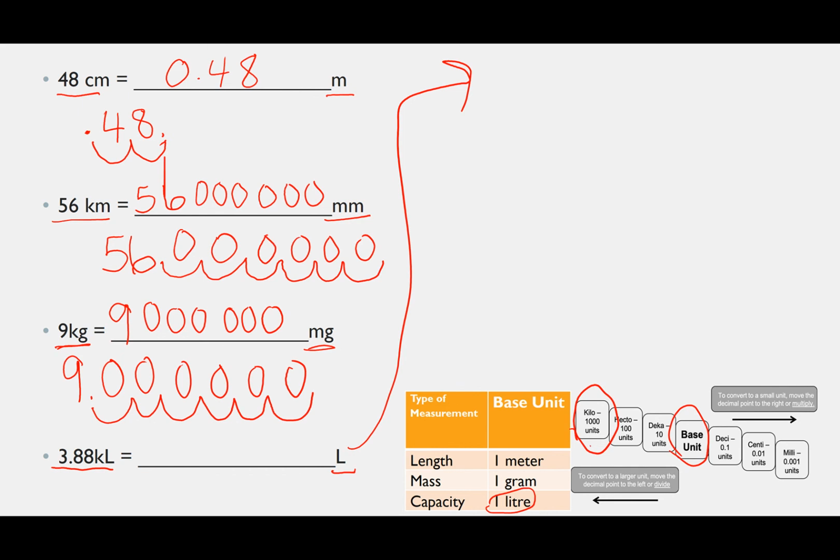So we're going to move our decimal place 1, 2, 3 times over. So 3.88. We're going to take our decimal and move it 1, 2, 3 times. We fill in the bubble with the 0. So that will equal 3,880 liters.